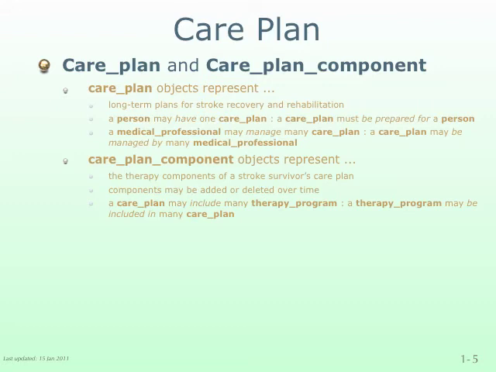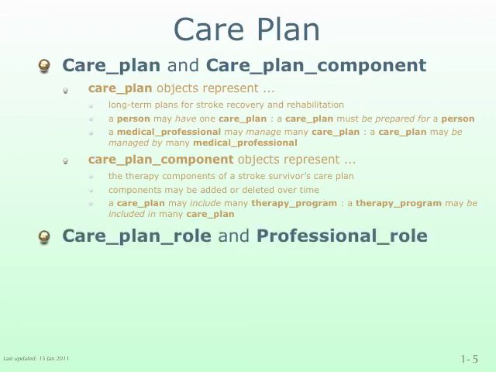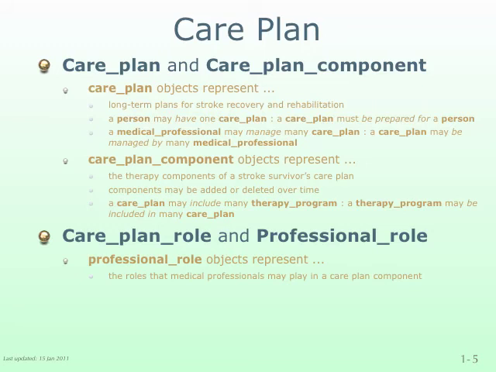Next, we have care plan role and professional role data object classes. The professional role objects represent the roles that a medical professional may be responsible for in relation to a particular component of the stroke survivor's care plan.